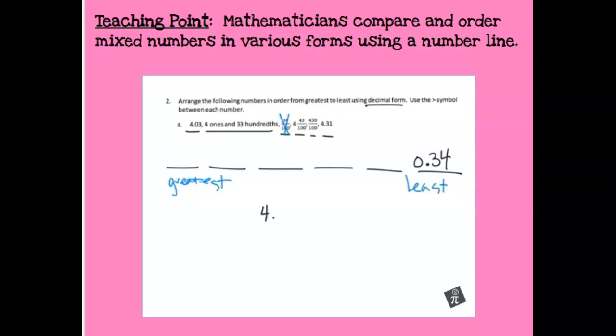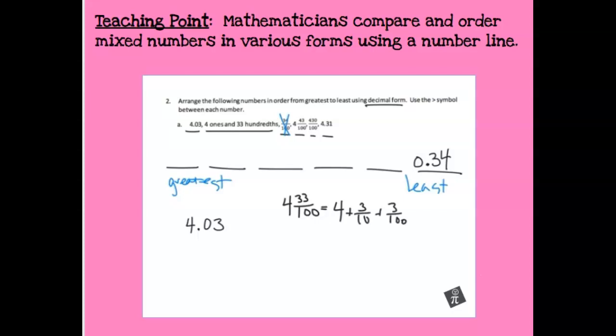So 4.03, that's done. That's already in decimal form. Now let's take a look at 4 ones and 33 hundredths. We could think of this as 4 ones plus 3 tenths plus 3 hundredths.